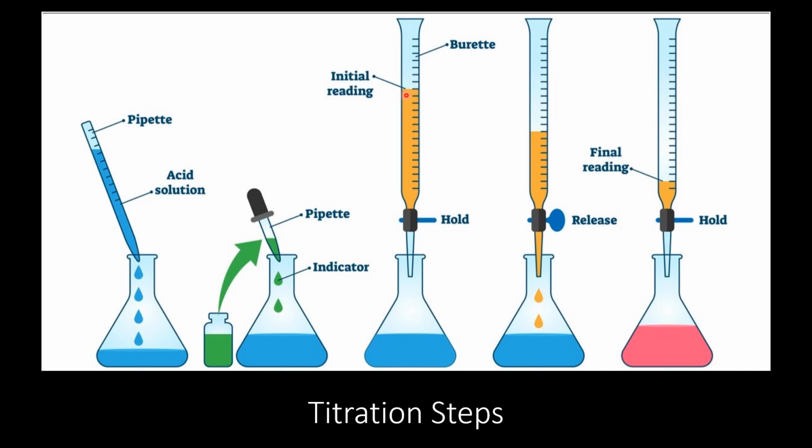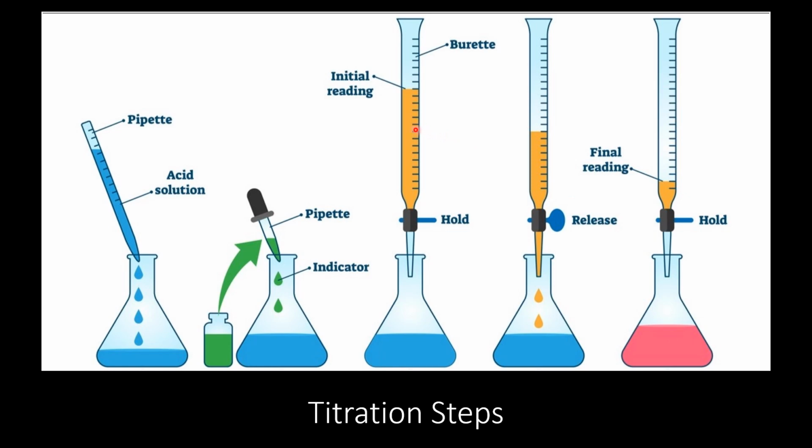So you take an initial reading and you take a final reading when you hit that equivalence neutralization point we just spoke about, where you have the color change. And you can get the volume dispensed of your solution of known concentration by simply measuring the distance or subtracting to find the difference in order to get the volume that you have actually let drip into your beaker here.